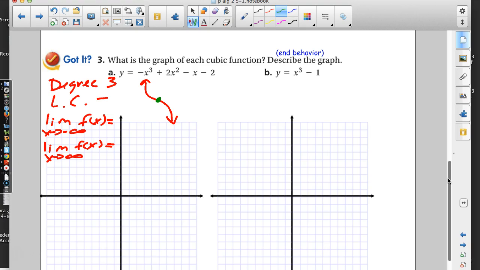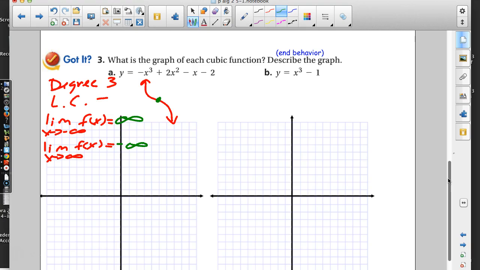Follow it to the left. Infinity or negative infinity? Infinity. Going up. Go back to your dot. Go to the right forever. Infinity or negative infinity? Negative infinity. Can we expect some lumpy bumps from this one?